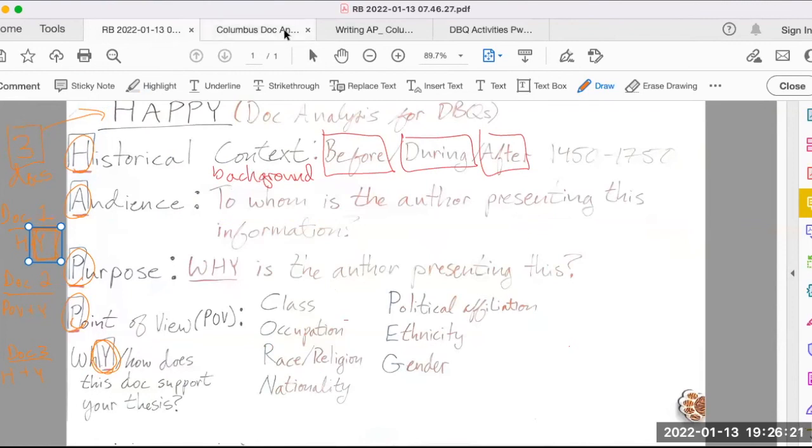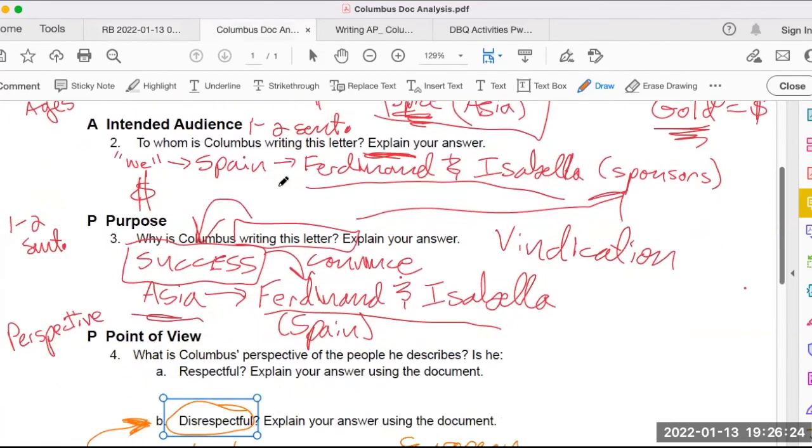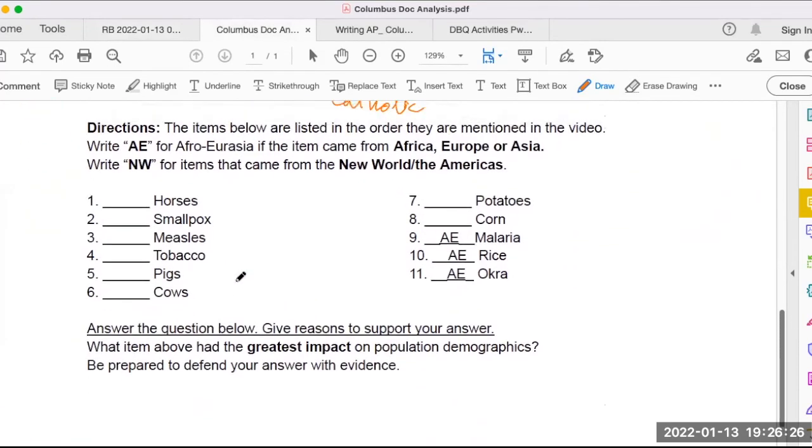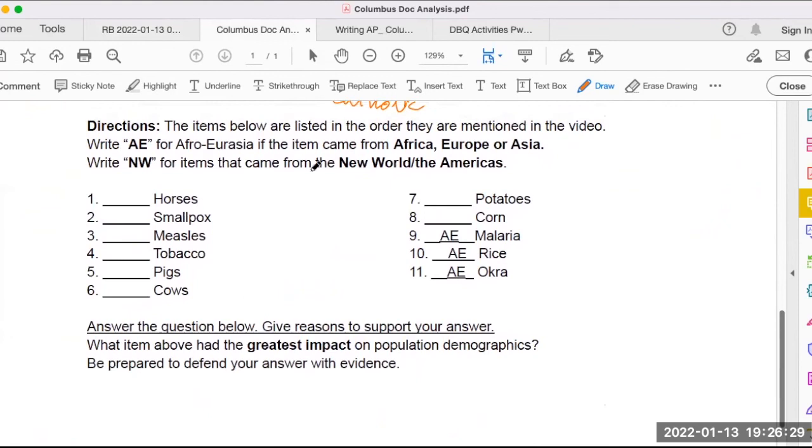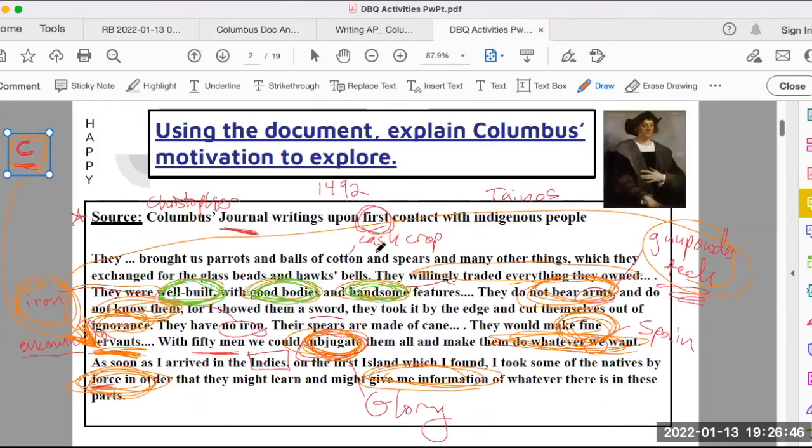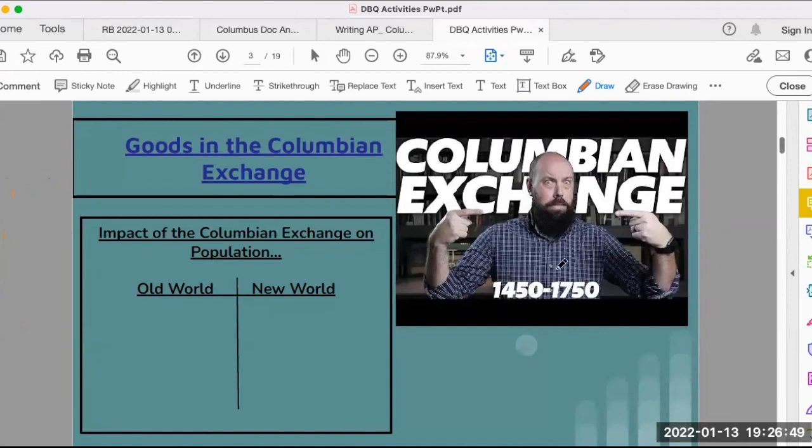Okay, now the next part on your worksheet describes the items of the Columbian exchange. Okay, so what came from the old world and diffused to the new world versus what came from the new world and diffused to the old world. So to complete that, you're going to go to the PowerPoint and you're going to watch this 5-minute video that I've linked on Schoology, and it's also available in the class assignments or class activities with this PowerPoint.